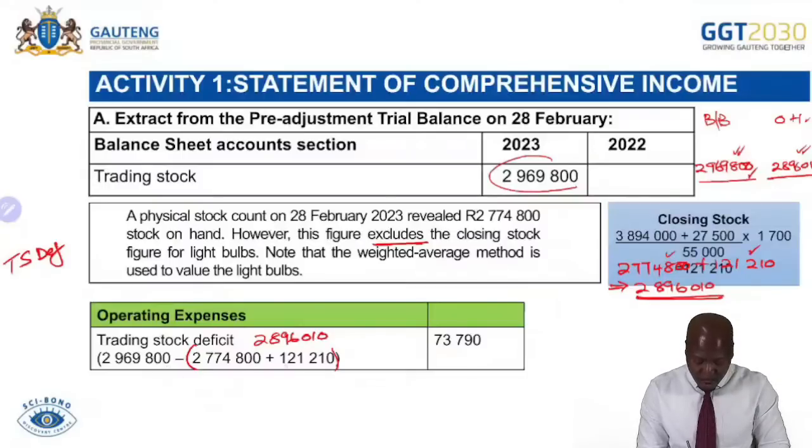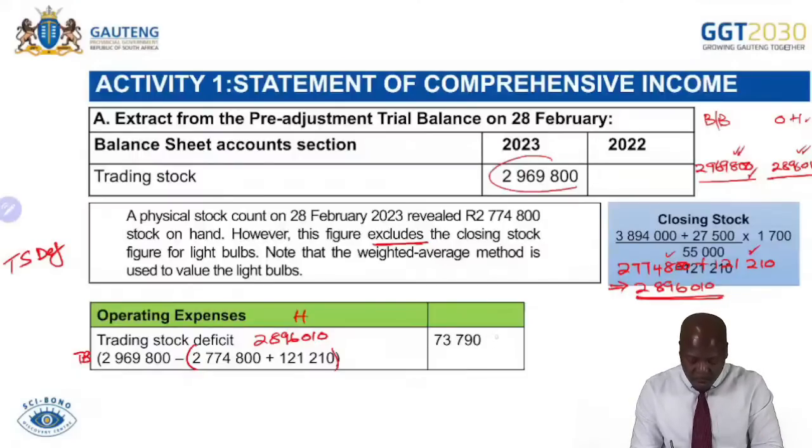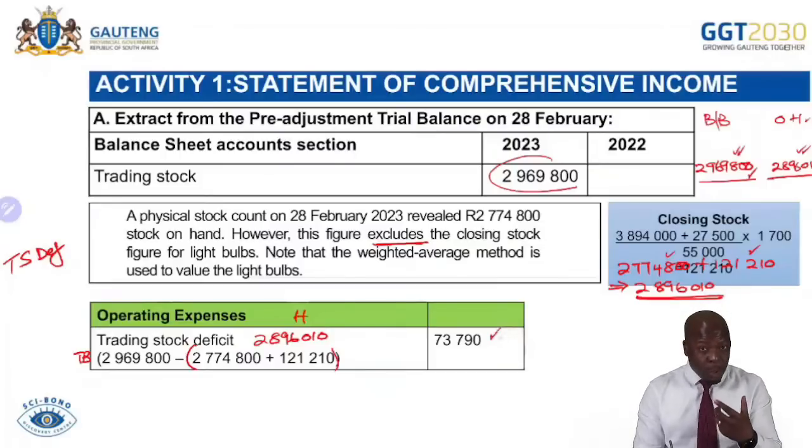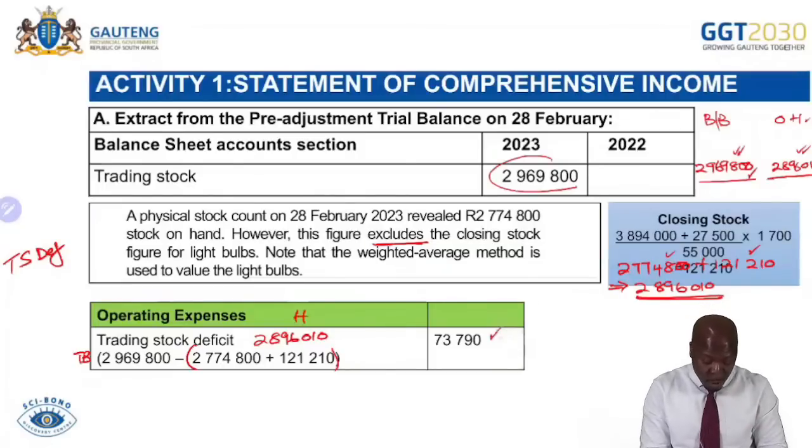So the difference between the on hand and the one in the trial balance shows us that we have a trading stock deficit of 73,790. Once we have a deficit, it is an expense to the business. So you bring it under your operating expenses.